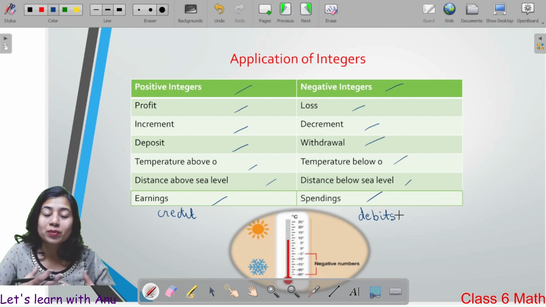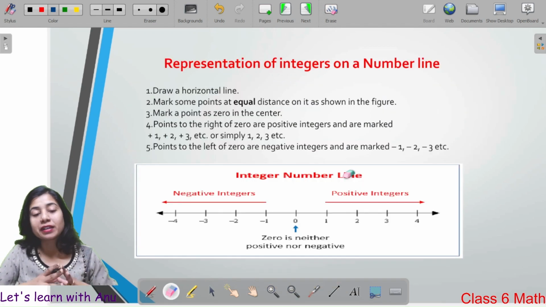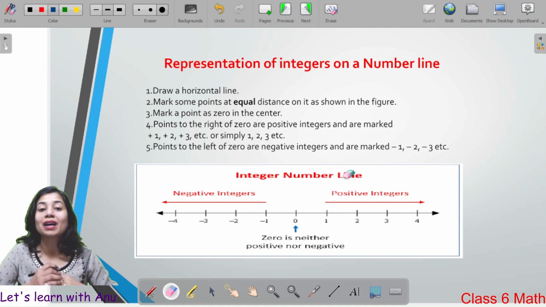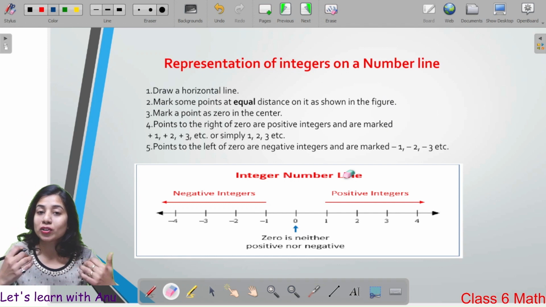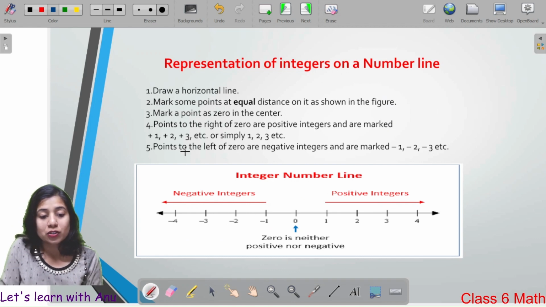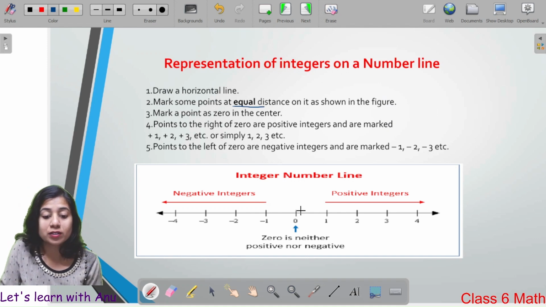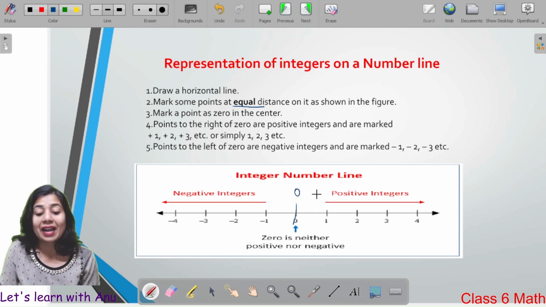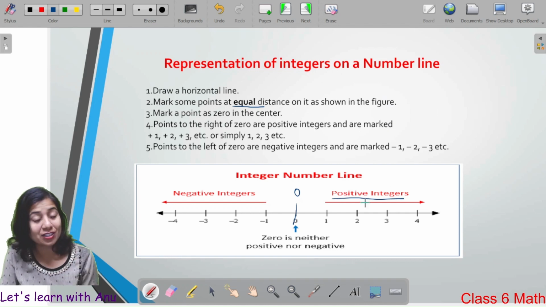Then let's understand how to represent them on a number line. I have already explained the number line, so let's quickly revise it. A number line is a visual representation of numbers on a horizontal line which extends indefinitely in both directions, right? We mark some points at equal distances with 0 in the middle, and numbers to the right of 0 are positive numbers, positive integers we can call them.